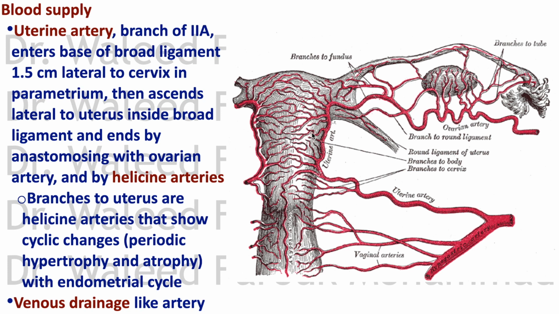They are helical in shape, and their tips show periodic changes, atrophy and hypertrophy, with the endometrial cycle. The uterine artery ends by joining the ovarian artery, and the venous drainage, of course, follows the arteries. So it is the uterine artery, the main supply of the uterus.